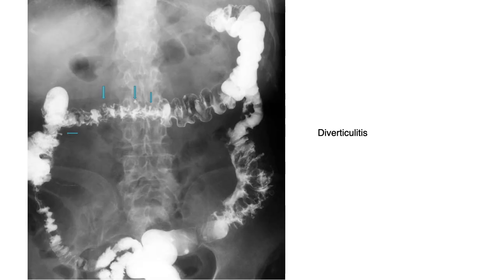And then we have diverticulitis. Diverticulitis is when you have more than 2 diverticula. It is frequent and produces inflammation and perforation, which can lead to abscess.